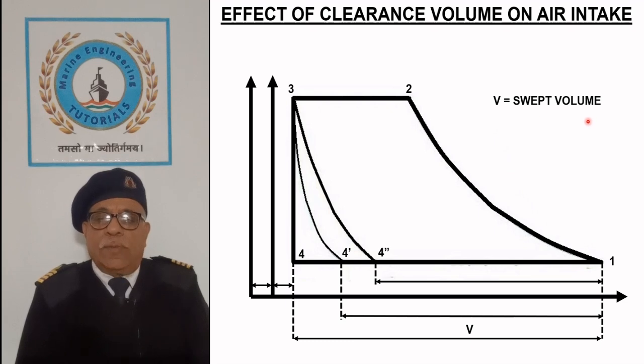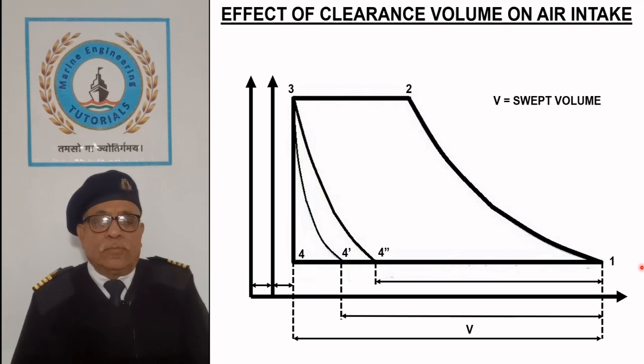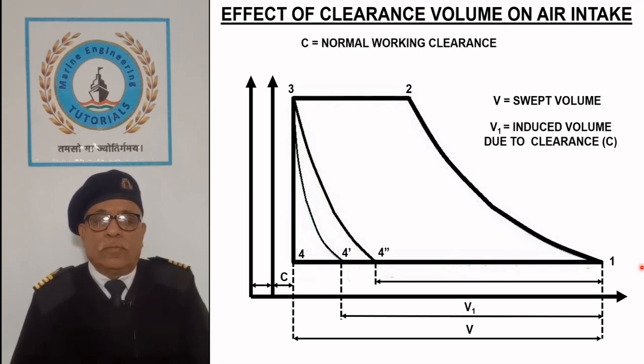Thus, the volume swept by the piston and air intake is same, which is represented by V. Diagram 1, 2, 3, 4-1 represents an actual compression cycle in which clearance is C and the air intake is represented by V1, which is less than swept volume V.